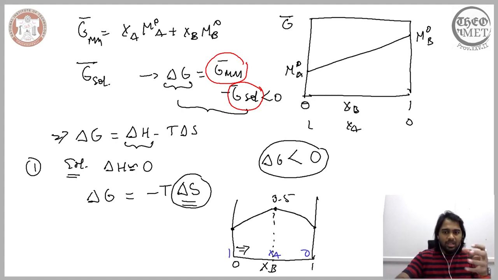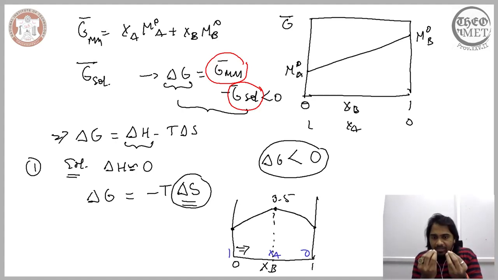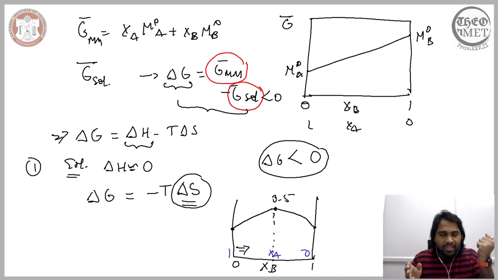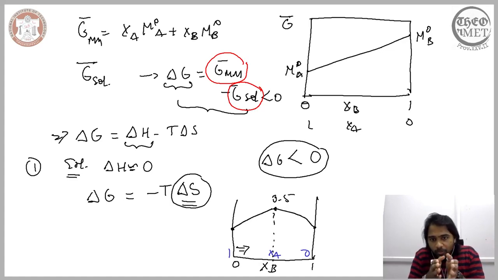So the relative difference in the concentration of one element with respect to the other keeps on increasing from 0 to 0.5. And when you move away from 0.5, you essentially establish B as the solvent and A as the solute. From 0 to 0.5, you have A as the solvent and B as the solute, and from 0.5 to 1 it is the reverse.